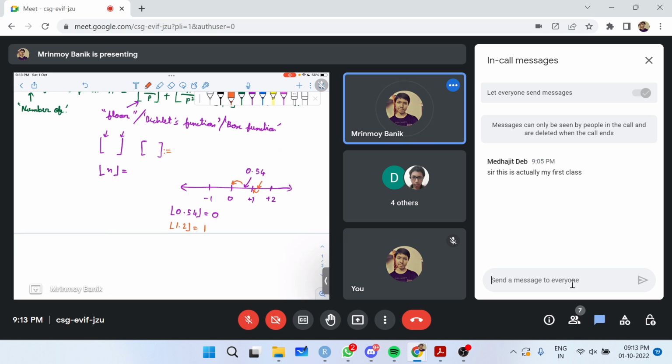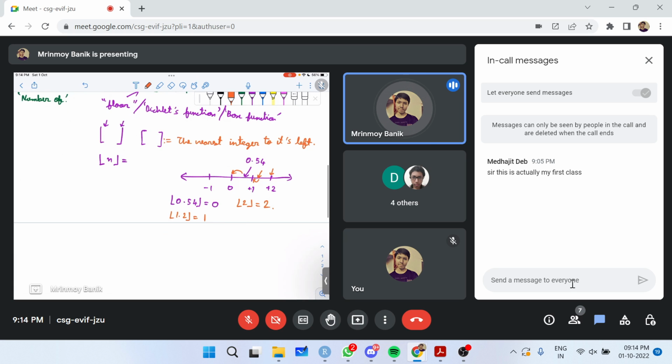Remember, it's the integer to its left. So by that definition, if you have an integer inside the box, like box of 2, it actually equals the same integer 2, because 2 is itself the nearest integer to 2, right?